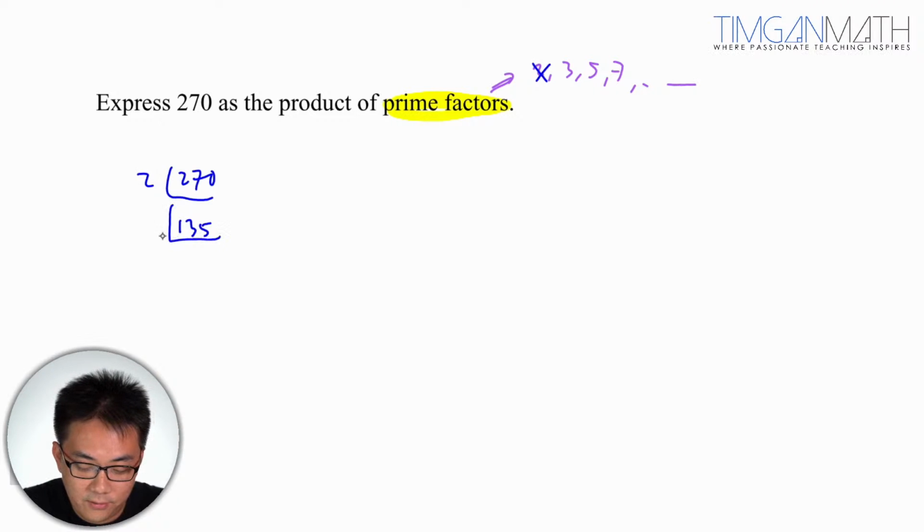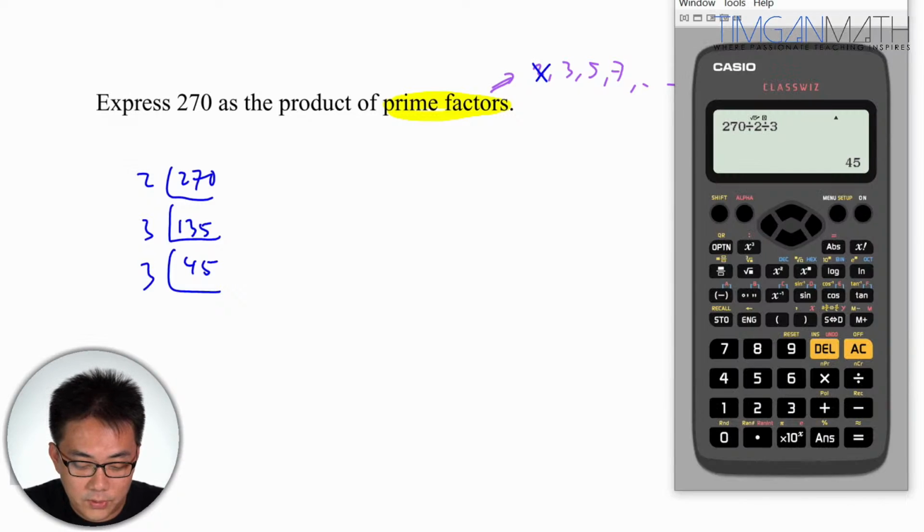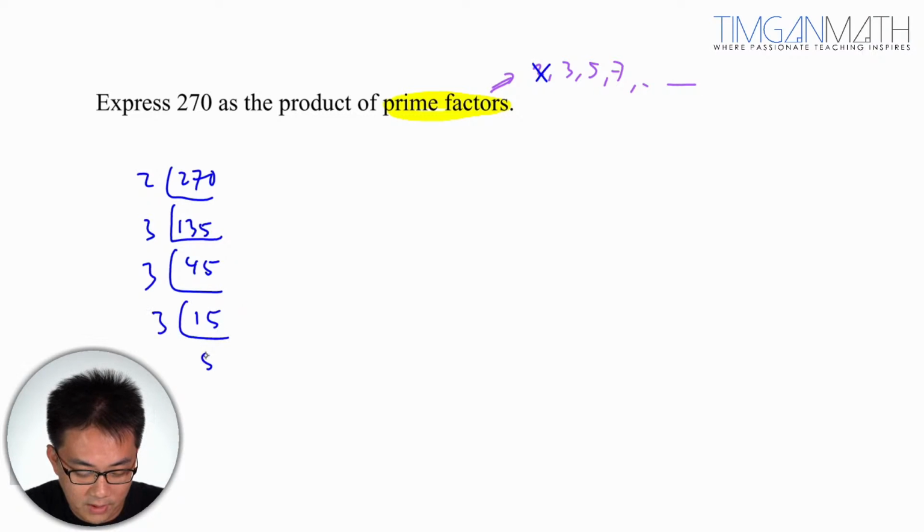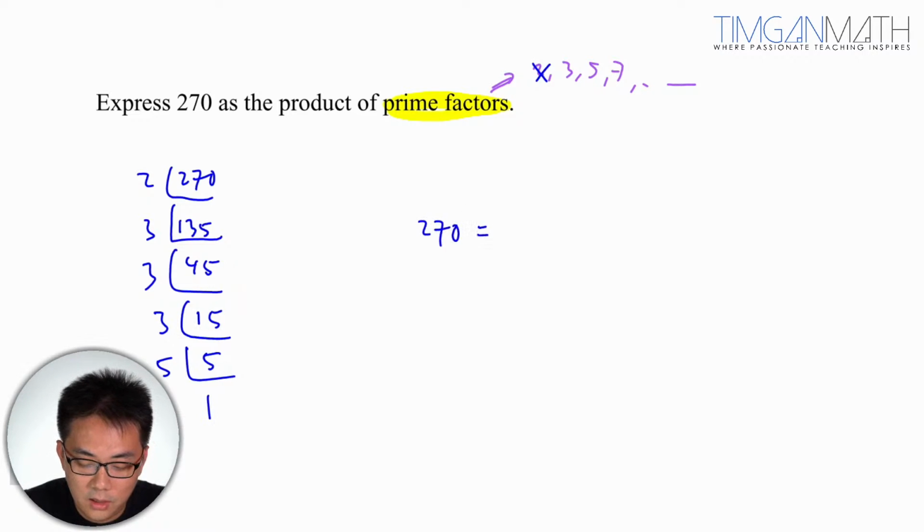So this is 45. And I believe this could be divided by 3 also. So you just put the divided by 3 here, and this will be 15. Then it can still be divided by 3, then 5, and 5. And ultimately you get 1. Right? So 270 is actually 2 times 3 to the power of 3 times 5.